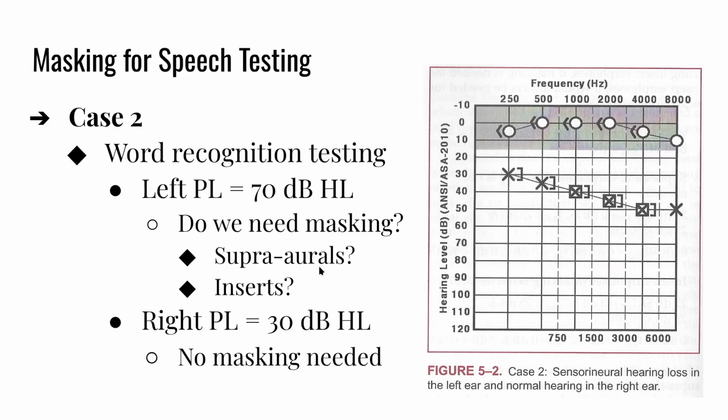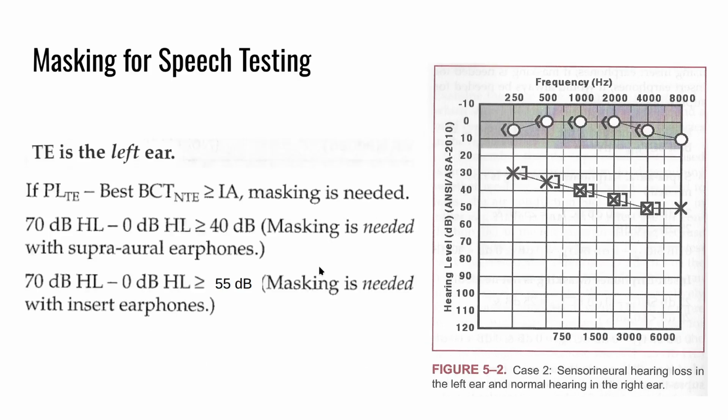For the left ear, presentation level of 70 minus best bone conduction threshold in the non-test ear, which is 0 dB. 70 minus 0 is greater than 40 dB, so we need masking when we're using supra-aural earphones for word rec.